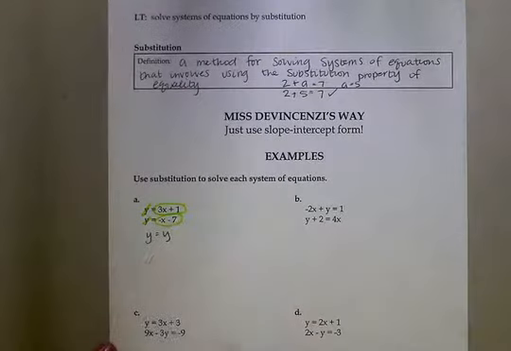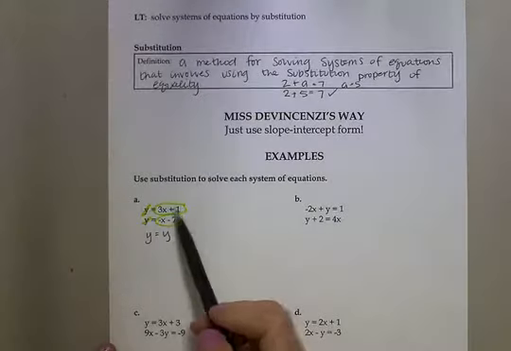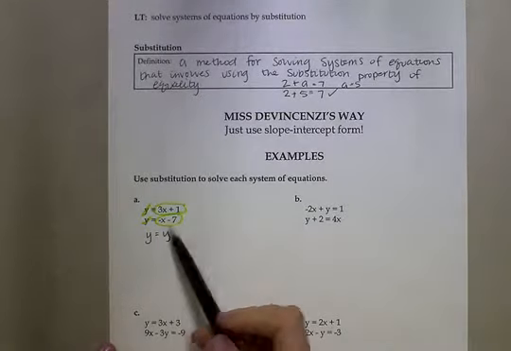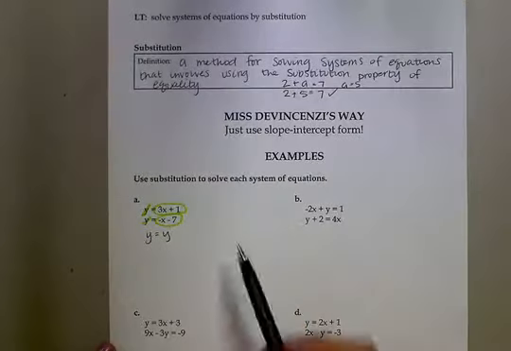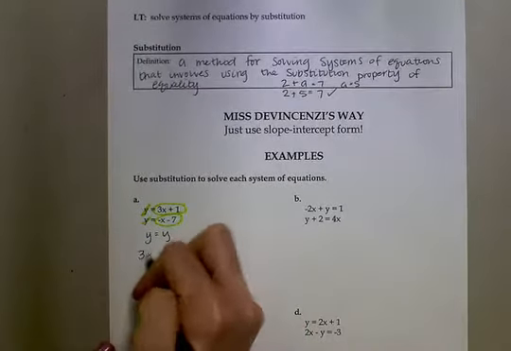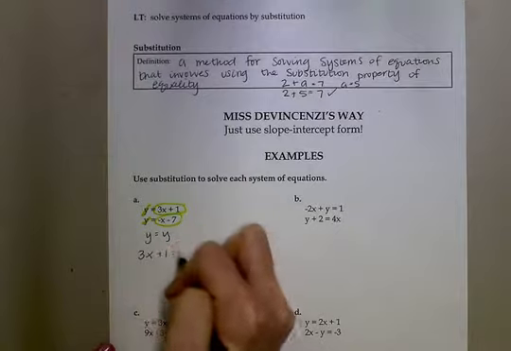So the expressions are equal to each other. Since a number is always equal to itself, y is always equal to y. So we can substitute in our first expression for the first y and our second expression for the second y, or simply set the expressions equal to each other. So we have 3x plus 1 equals the opposite of x minus 7.